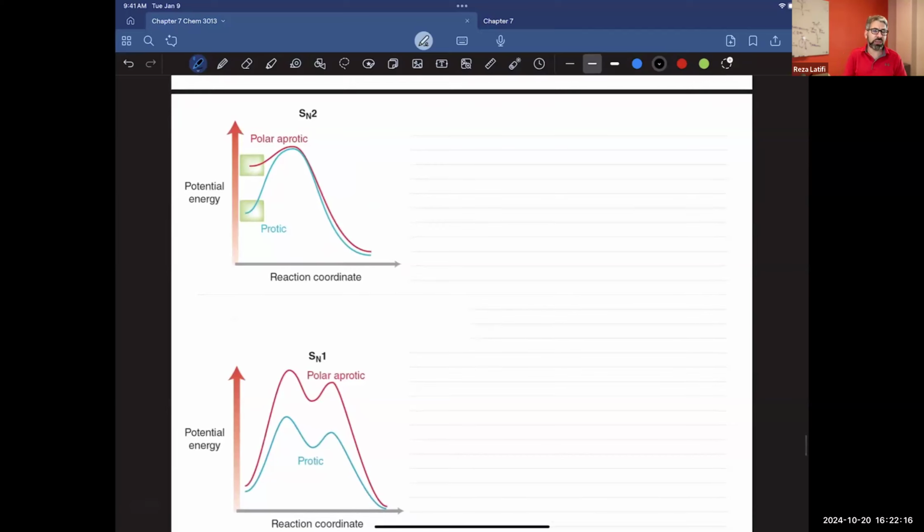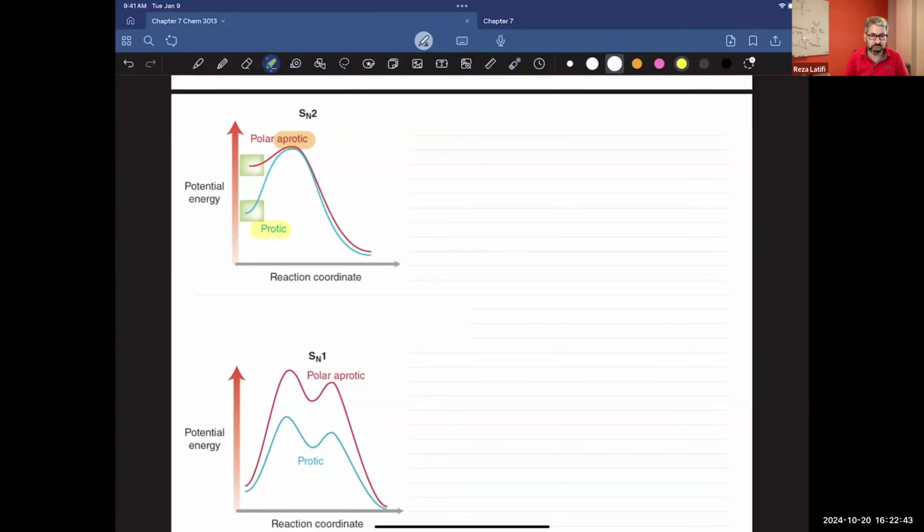And how come when we were talking about SN2, we said the opposite is the case? For SN2, you need to have an aprotic solvent. If you use a protic solvent, the rate of the reaction will be slower.